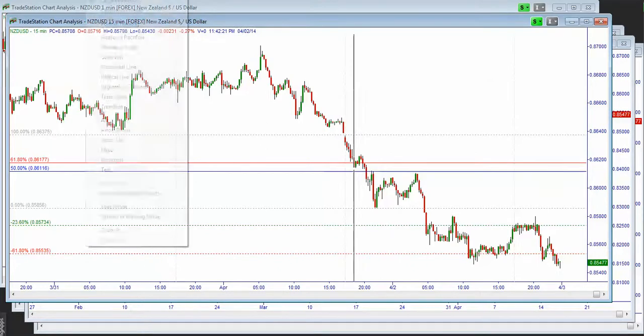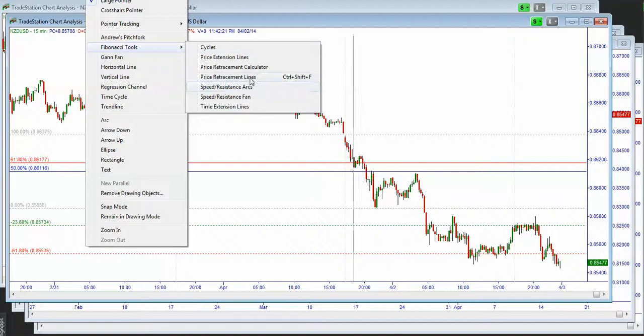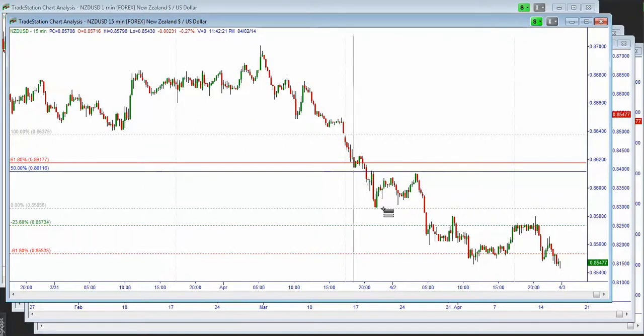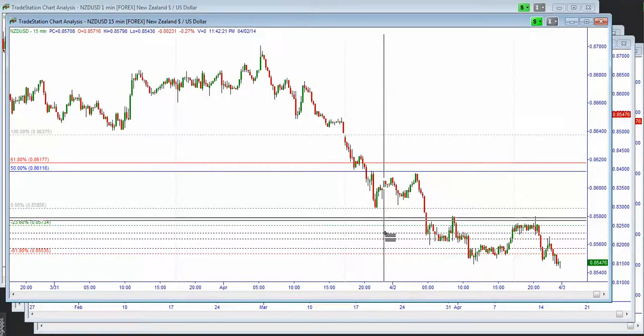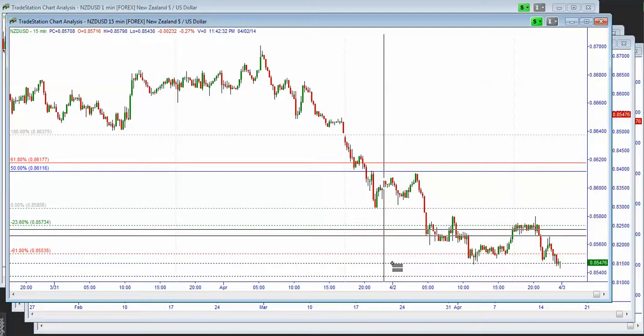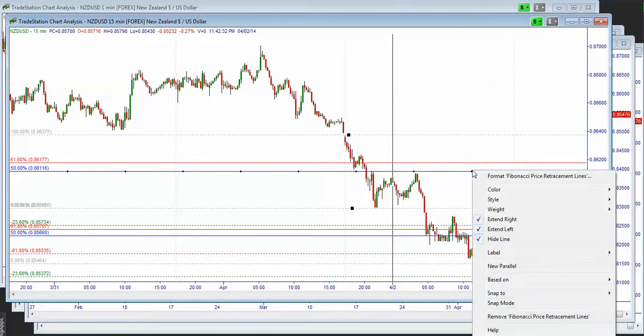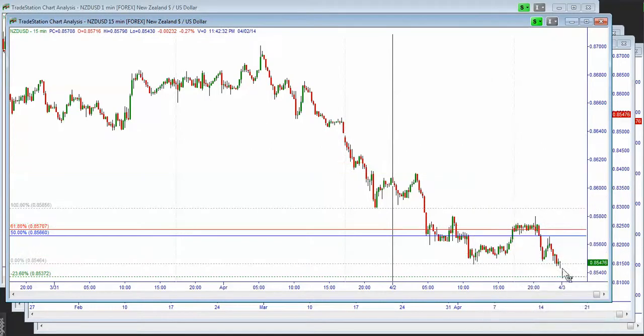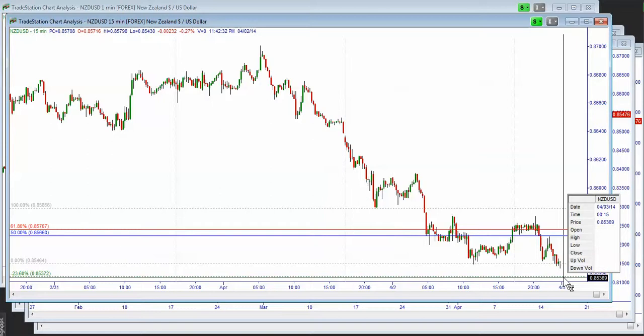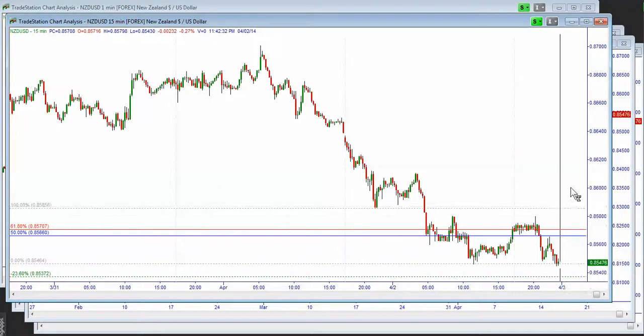I have two levels here that I will consider. The first one is a continuation short, and as we can see here, this failed because when I trace from lows to lows, price went above this level. And there is a possibility now for price to test this 085.37 and then eventually come up. If that's what happens, that's an entry.